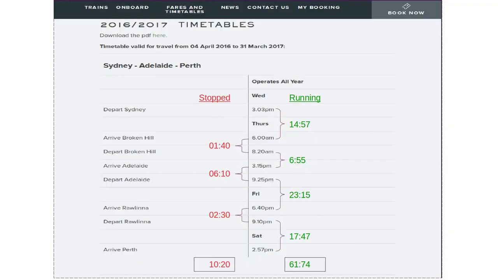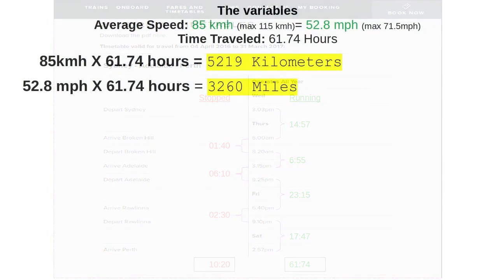So I started off by verifying the actual travel time and looking at their timetables. I was able to figure out the departure and arrival times for each location, and then you just add it up. So it came out to a total of 10 hours and 20 minutes of dead time being stopped and 61.74 hours of actual travel time from departure to arrival, and vice versa.